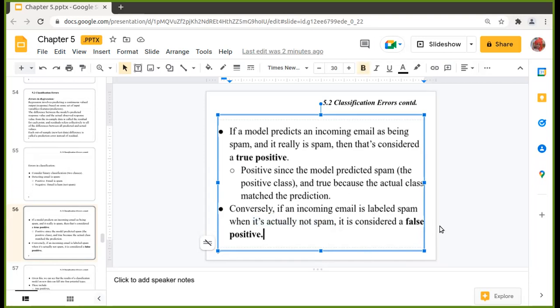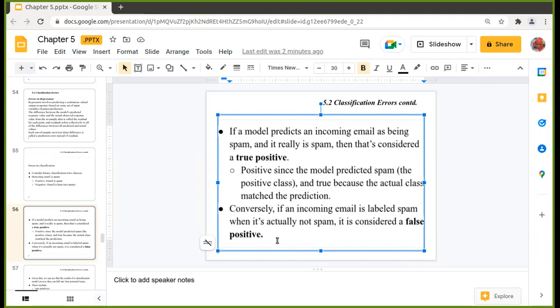Then that case is considered a false positive. Here positive is the output of my model, and false is my actual answer, while positive is the answer predicted by the model.